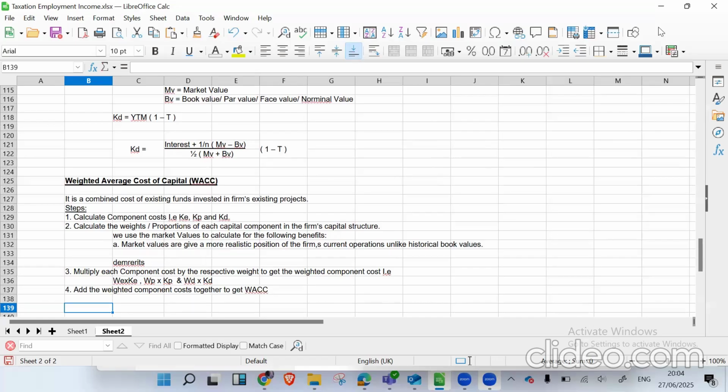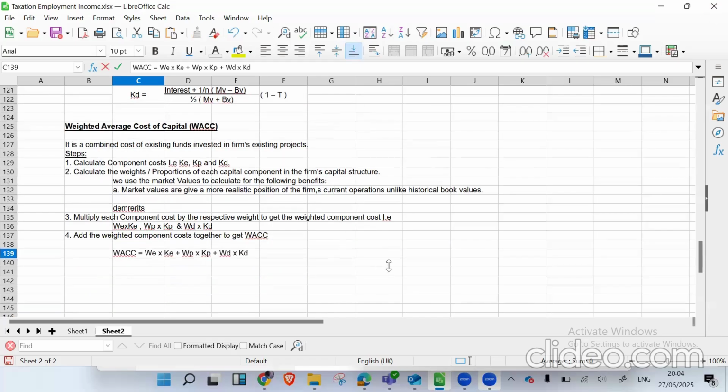So therefore inamaanisha kuwa WSC will be equals to weight of equity times cost of equity plus weight of preference shares times cost of preference shares plus weight of debt times cost of debt. So that is our cost of capital.